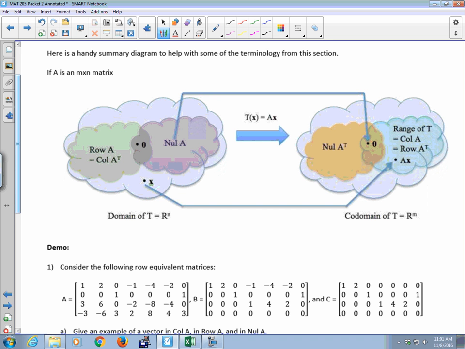So this is just another little diagram to help us keep some of the terminology straight. We have two spaces. The domain, if you're thinking about a transformation, T of x equals Ax, here's the domain. And within the domain, we have the row space and the null space. And then here's the range. Within the range, we have the column space, the row space of A transpose, and the null space of A transpose.